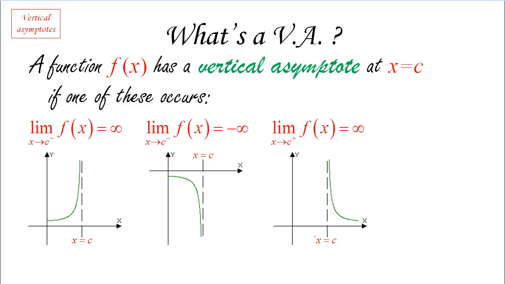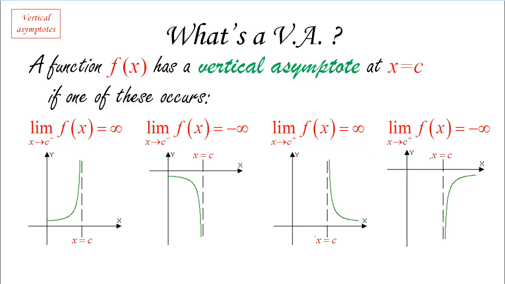As we approach from the right, the function will go up, or maybe it's going to go down. Notice that one of these conditions is enough to let us conclude that we have a vertical asymptote. We don't need a combination of them. We don't need anything about intersections.